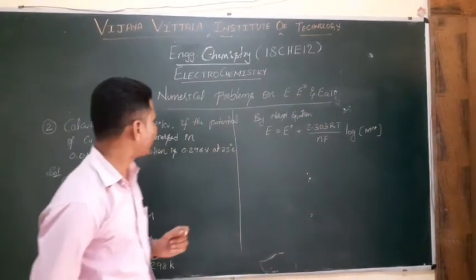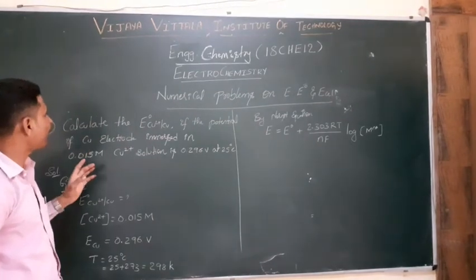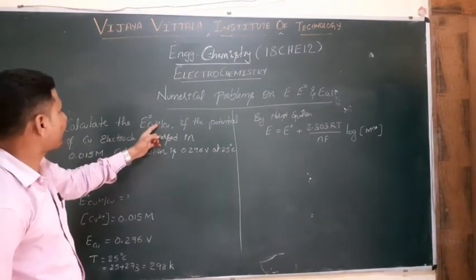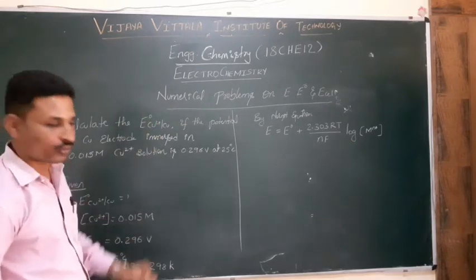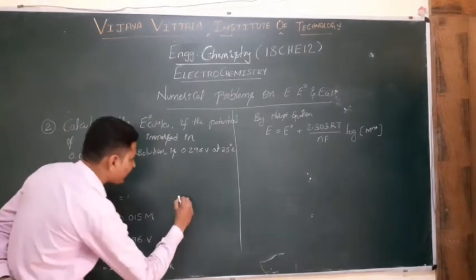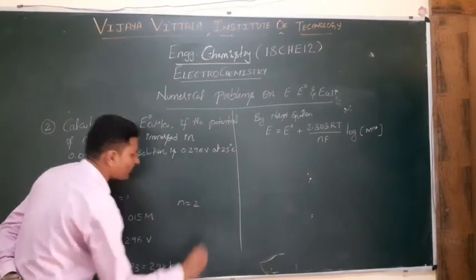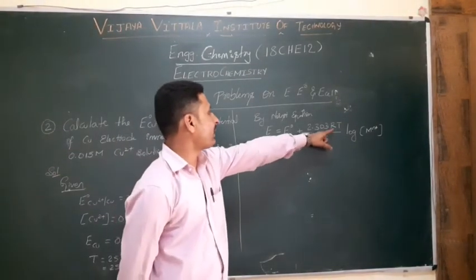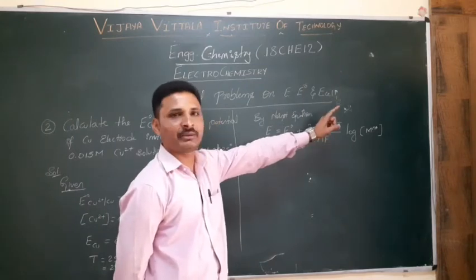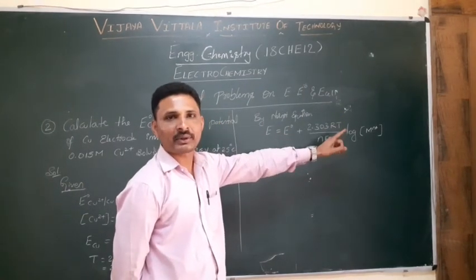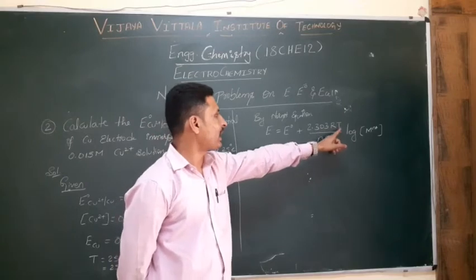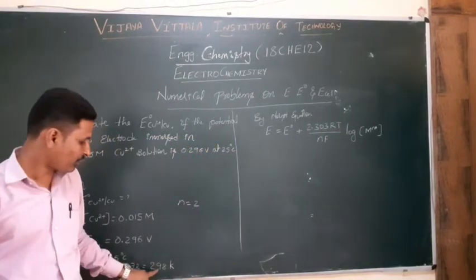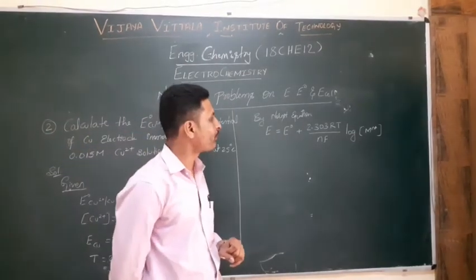First observe which electrode is involved: copper. The oxidation state and number of electrons involved here is 2, so n is equal to 2. We know the gas constant value, 8.314 joules per Kelvin per mole, and the temperature given is 298 Kelvin.